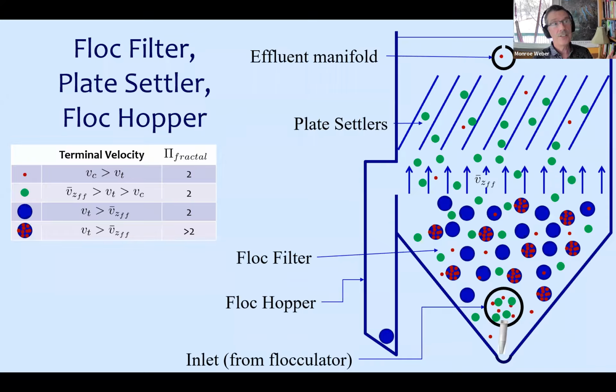And so that's what happens in plate settlers. It's a cool insight. Plate settlers act like little avalanche generators. As the flocs are rolling down the plate settlers, they grow larger. And then they have a terminal velocity that's big enough that they can actually get to the bottom of the sed tank. That cool? Some cool physics. Sedimentation just got more interesting, right?